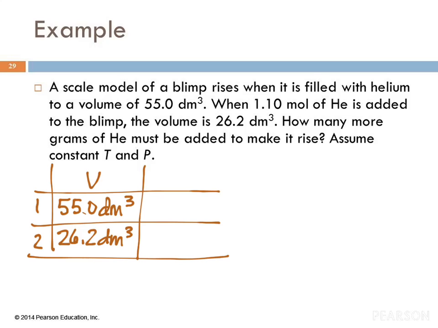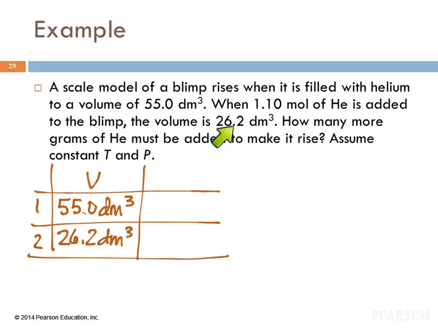Okay, so let's think about what this problem is saying. This is a tricky problem. This is not a straightforward problem. So the blimp, when it's filled to this volume, will float. This is the other volume that we have. Is that going to float?